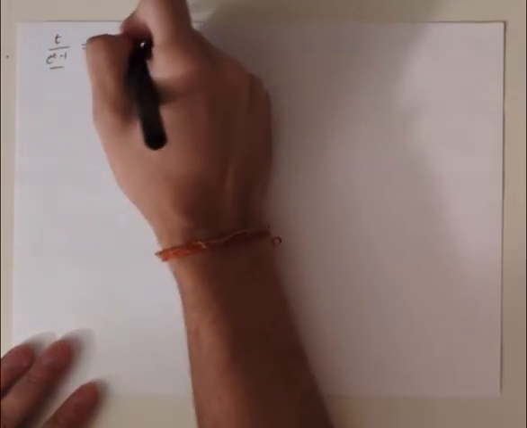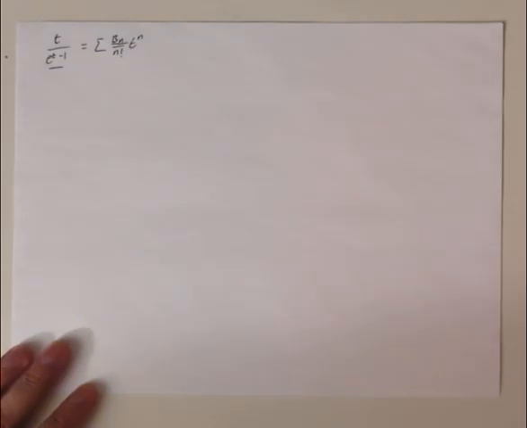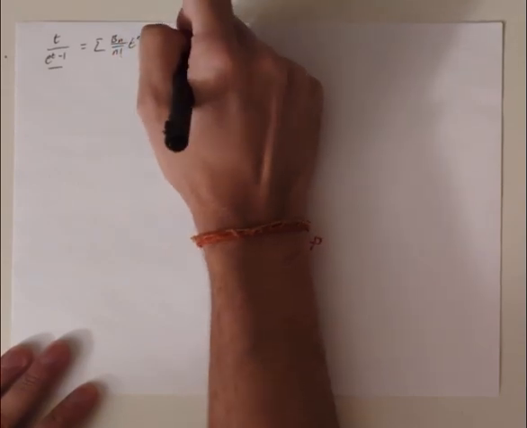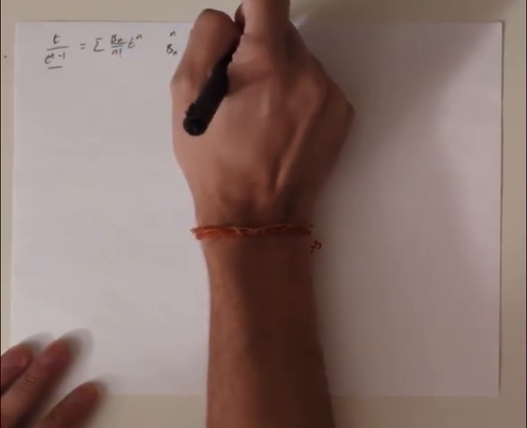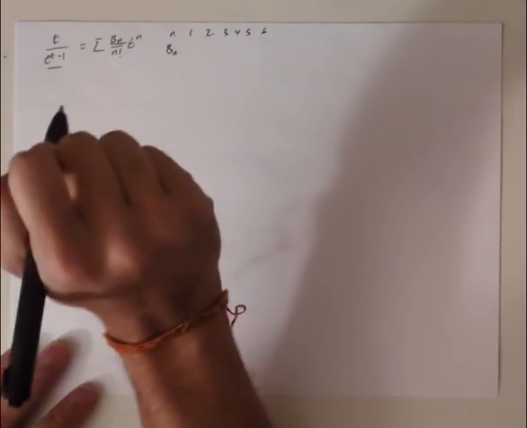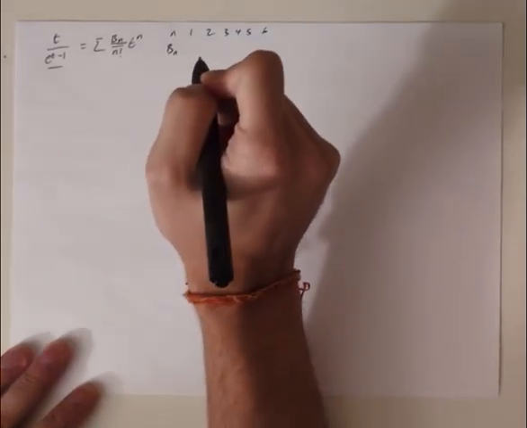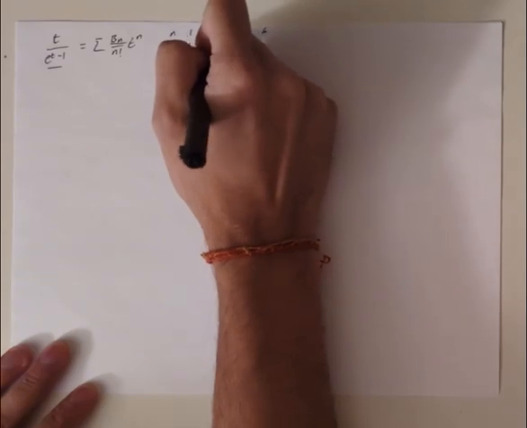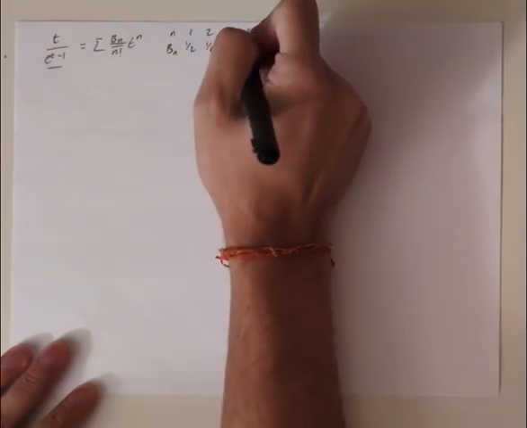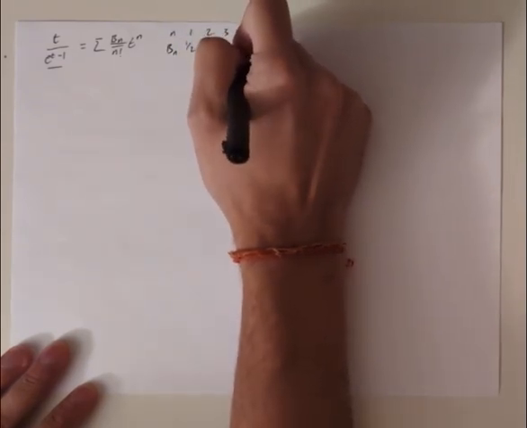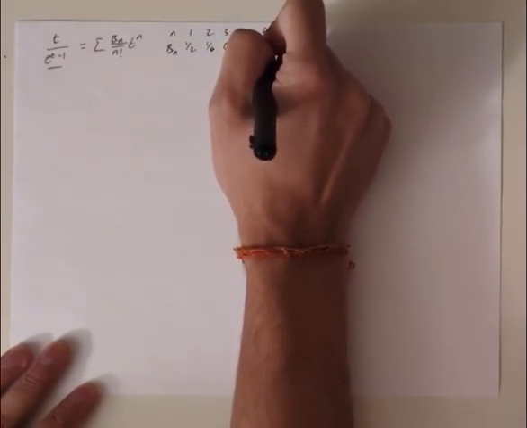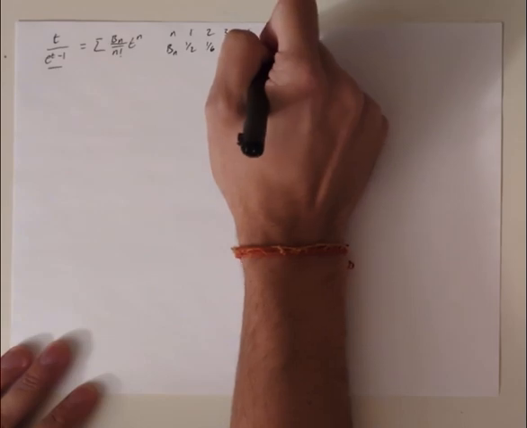So you have this function, and from this you expand it, and you get these rational numbers. The first few values look something like this. For n equals 1, 2, 3, 4, 5, 6, let's say, it looks like a half, 1/6, 0, negative 1 over 30, 0, 1 over 42.